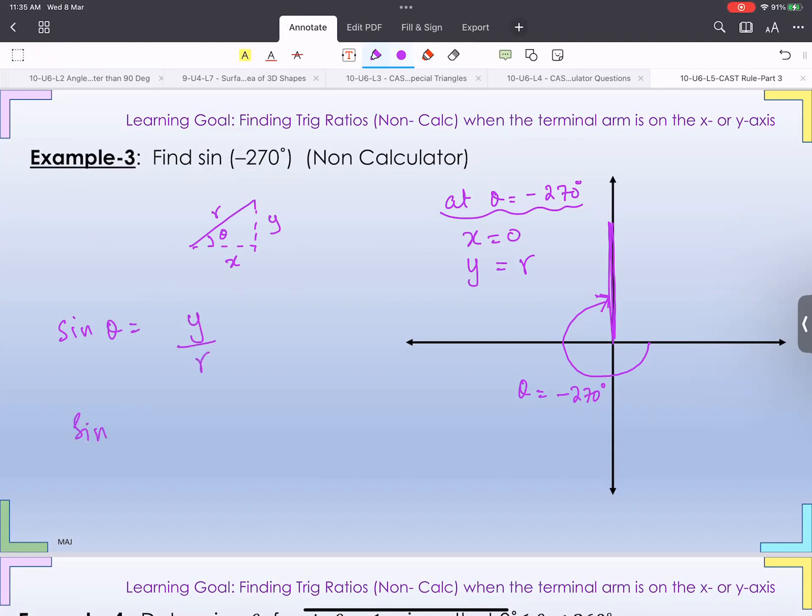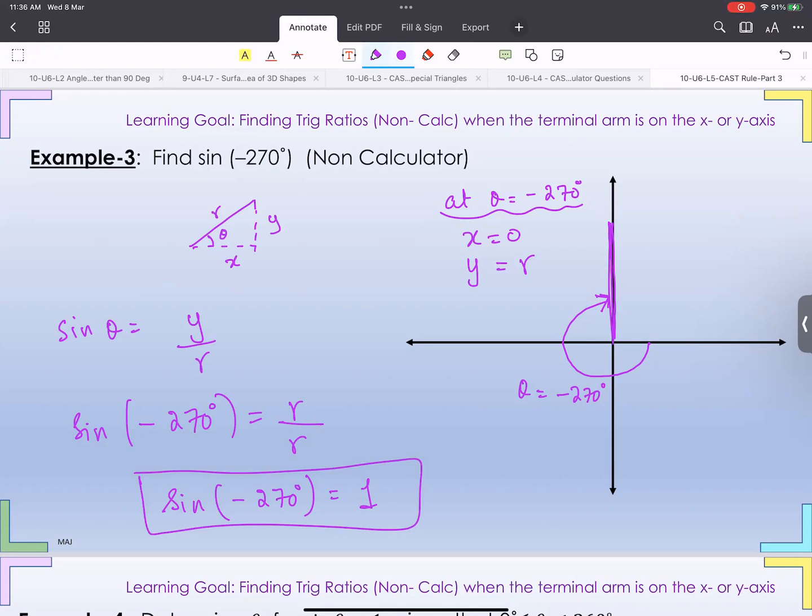So sine of negative 270 degrees: the y value is r, so it's just going to be r over r. So sine of negative 270 degrees is 1. Okay, so that is sine of negative 270.